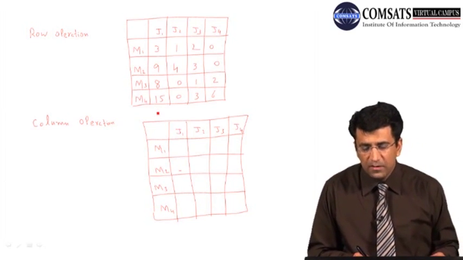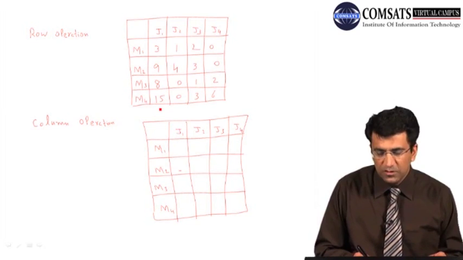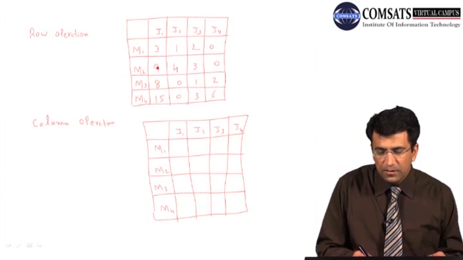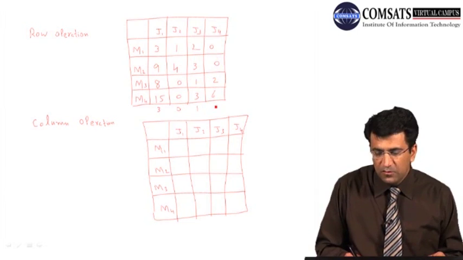Now class, let's mark the minimum values in the respective columns. In this column the minimum value is 3, in this column the minimum value is 0, in this column the minimum value is 1, and in the fourth column the minimum value is 0.